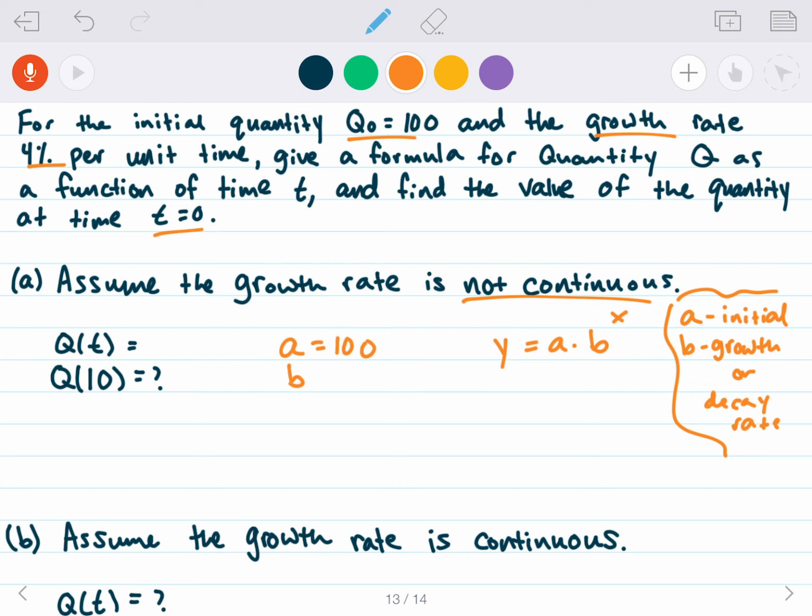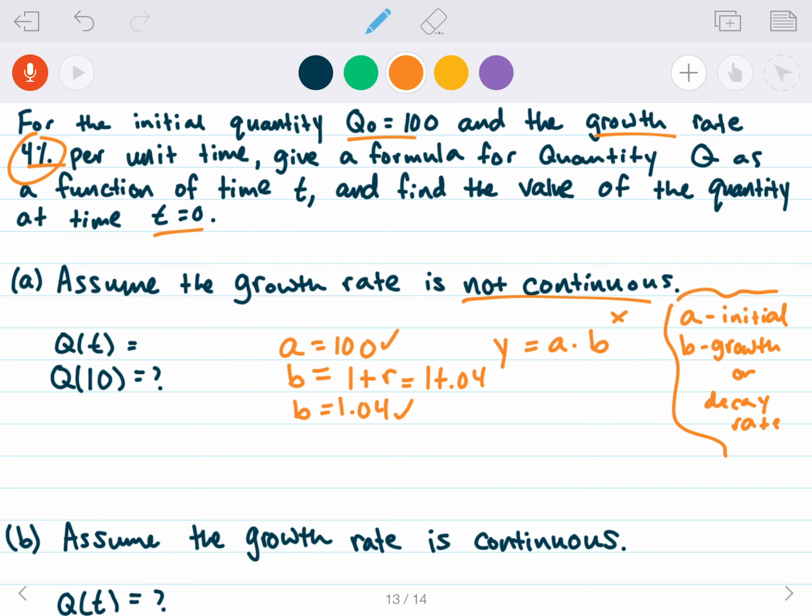And B, well, they tell us the percentage, and we need to change the percentage in terms of the value B, the growth rate, not the growth rate percentage. So remember that B is going to be 1 plus R, since we're dealing with growth and not decay, and R is going to be 4%, because that's how much it's growing by. So this is going to be 1 plus 0.04, that's 4%, so B is equal to 1.04.